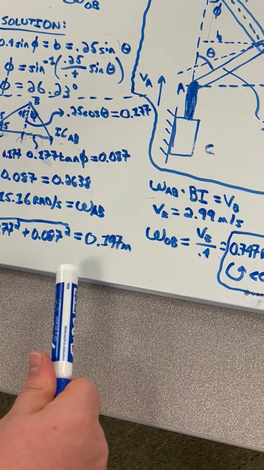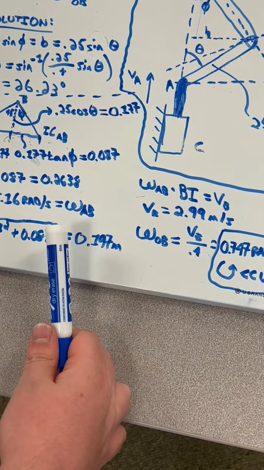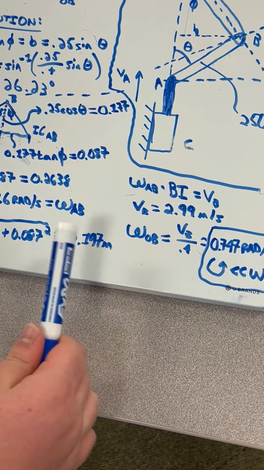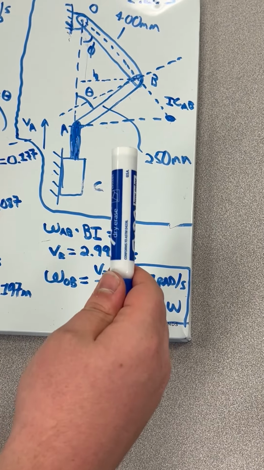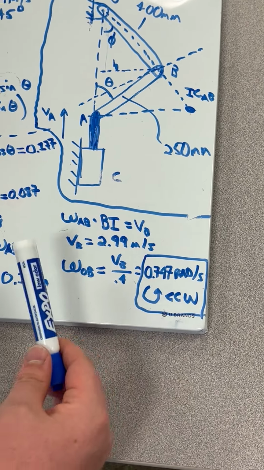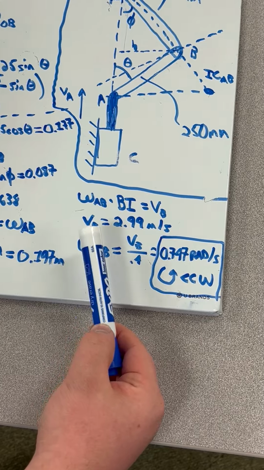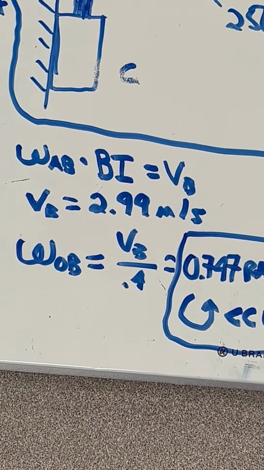From here we multiply this length by the angular velocity of AB, and we get the velocity of B to be equal to 2.99 meters per second.